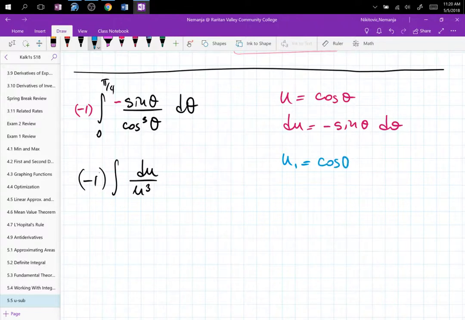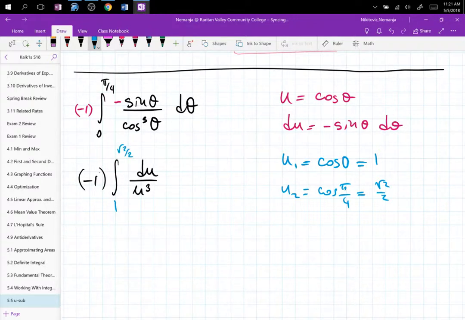So we take the transformation, we plug in the lower limit, we calculate and we get 1 for the lower limit, because cosine of 0 is 1. For the upper limit, u2, we have a cosine of pi over 4, which is? Very good.